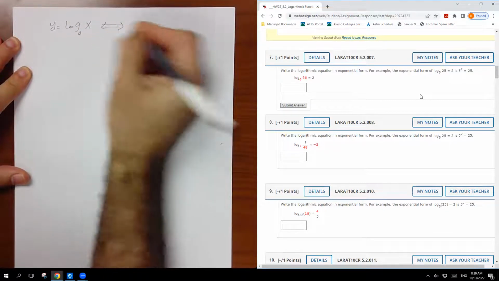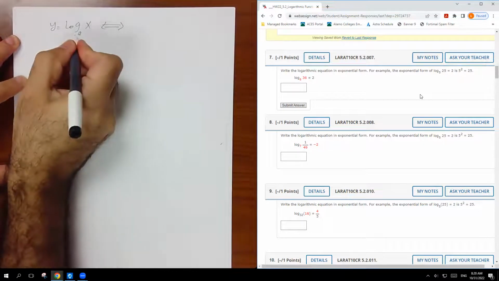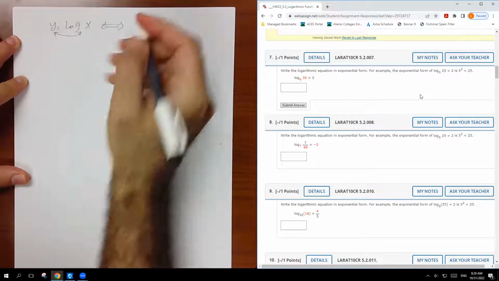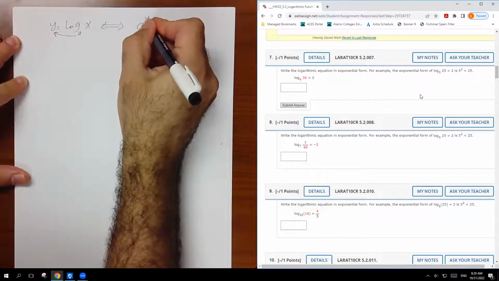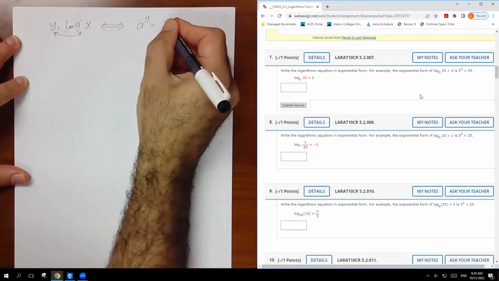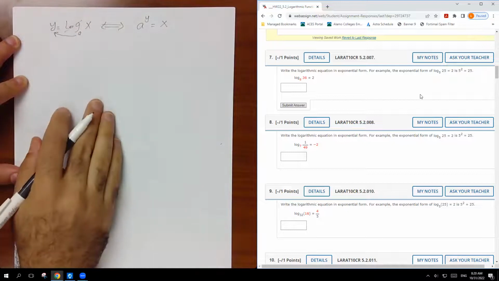This is the log form. Keep in your mind, this is the log form. To write down the exponential form, I'm going to move the a, the base, to the y. So a to the exponent y equals x; the log cancels, and what is left here is just the x. So here is the rule we're always going to use.